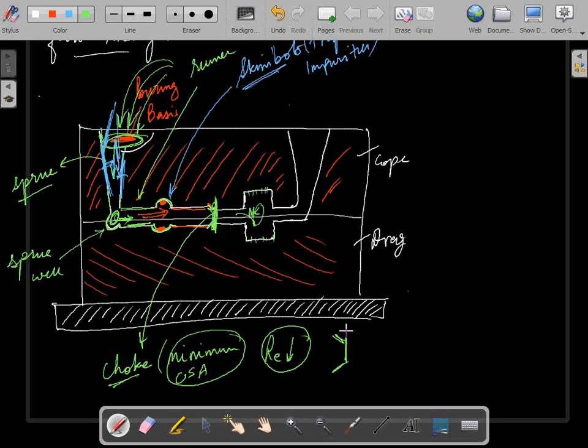You have minimum cross section area over here, and then it increases. You are actually controlling the flow rate, so you allow the metal to flow in a controlled manner.